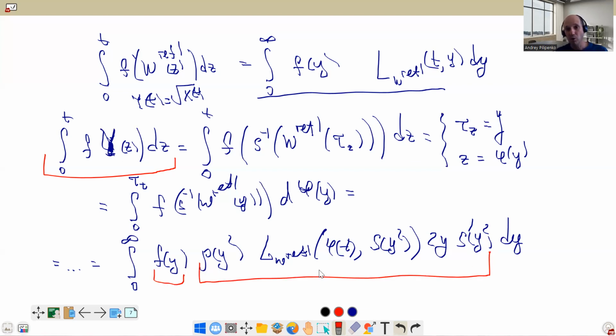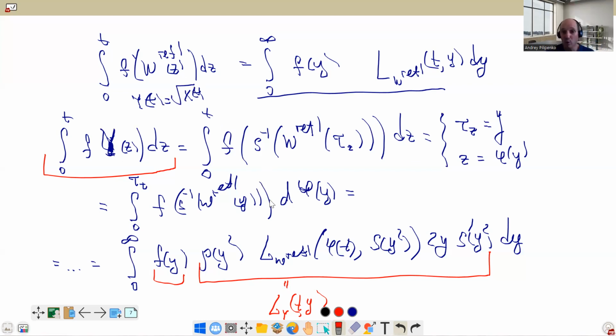So this is a local time of the process y at t, y. Actually, this is just calculation, so nothing special. We never used some special structure of function rho and of function s. Well, square because y is square root of x.